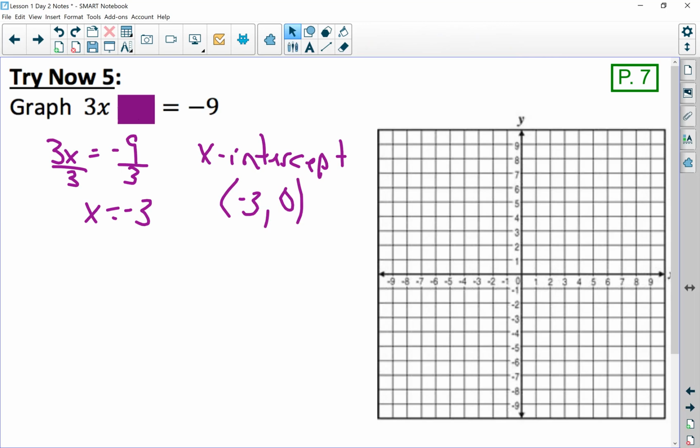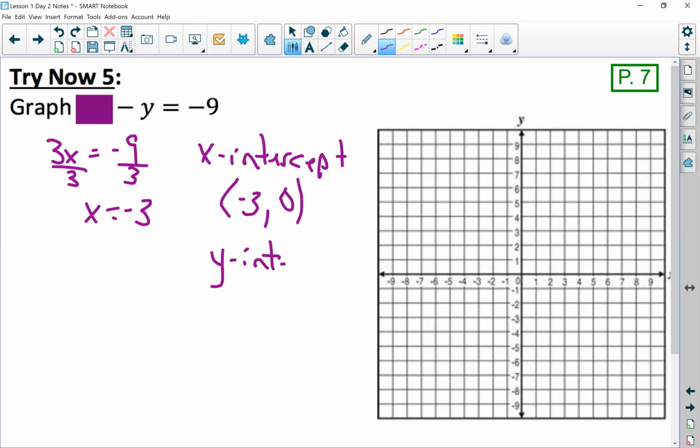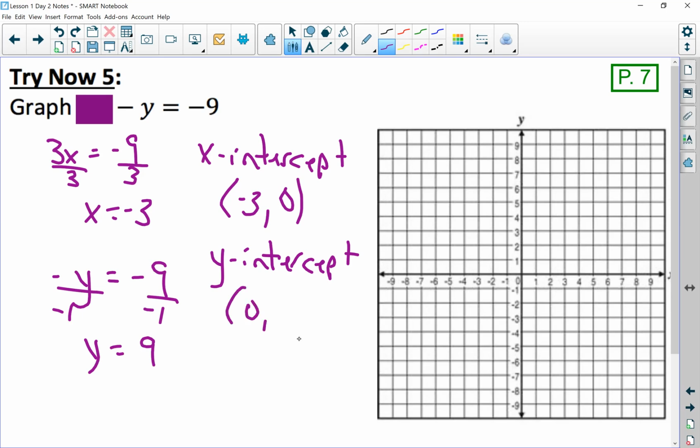For the y-intercept, I cover up the 3x. And I get the opposite of y, or negative y equals negative 9. Divide by negative 1. Y equals 9.